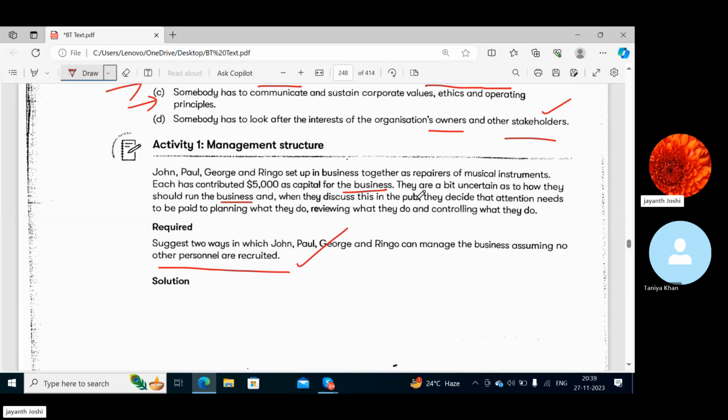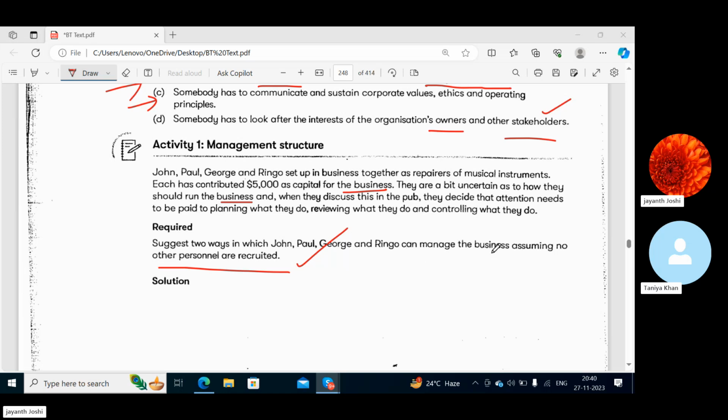Read this properly. Maybe they should be planning, making a plan of what to do and how to do it so that they don't get confused.